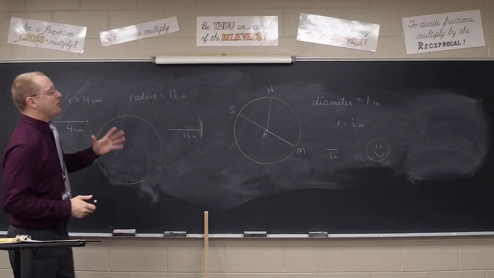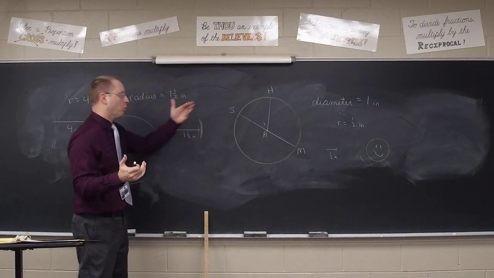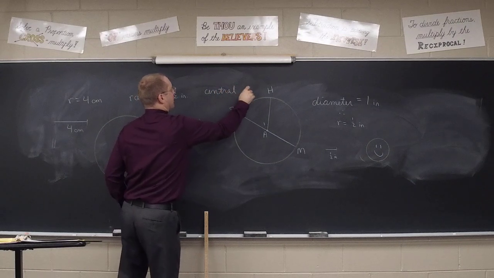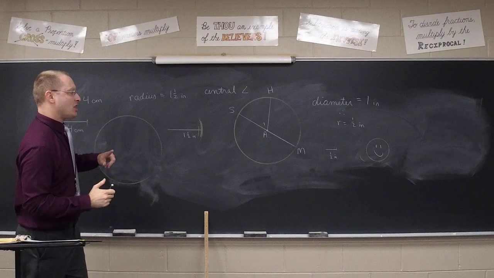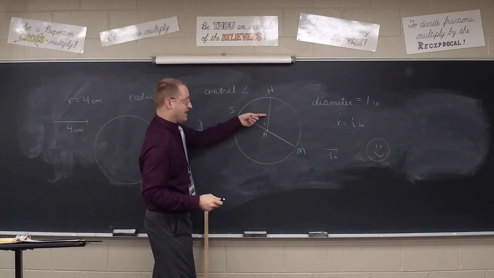All right. Now, this angle, I'm going to put a little 1 right here. Angle 1 is what we call, class, a central angle. Why? Because the vertex is at the center. A central angle is always formed by 2 line segments, SA and HA in this case.